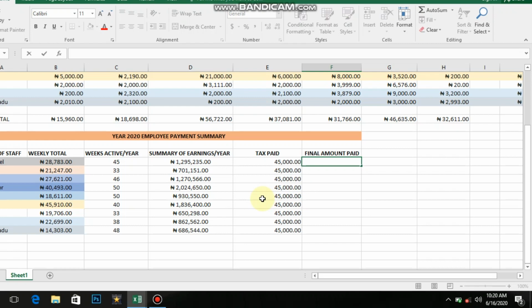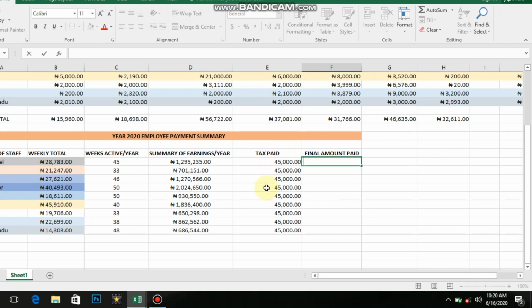Now we've seen that we've added another cell to this. Last time we did a summary of earnings per year for each staff, which gave us this figure. Today we're going to be looking at the company collecting tax from its workers, because every worker must pay tax according to the requirement of the Nigerian Constitution.